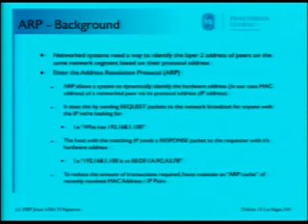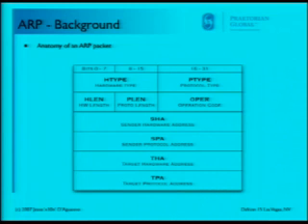Once we've resolved an IP and MAC pair, we cache it for a certain period of time locally, so that when we go to communicate with another host again, we look in our table, and if the ARP entry exists, then we know where to go. We don't have to send out an ARP request again. This is where part of the weaknesses in ARP starts out: that particular table.